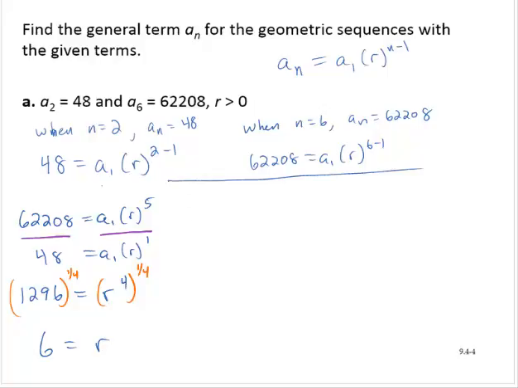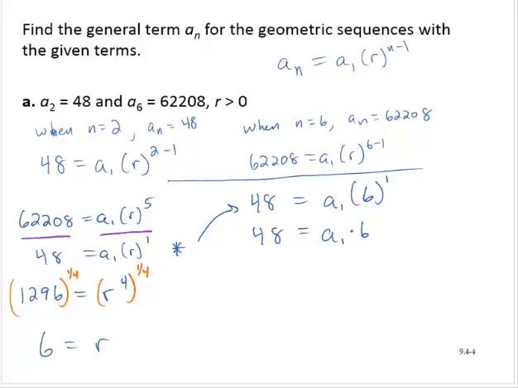So now 6 is equal to r, so take one of those two equations and let r equal 6, and you can solve for a sub 1. Well, the easier equation to use would be the second equation. 48 is equal to a sub 1 by 6 to the first power. Well, 6 to the first power is just 6.